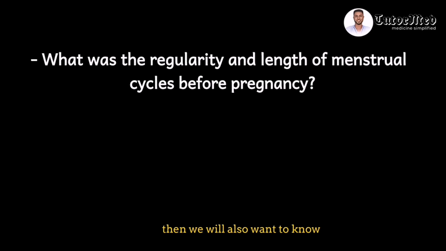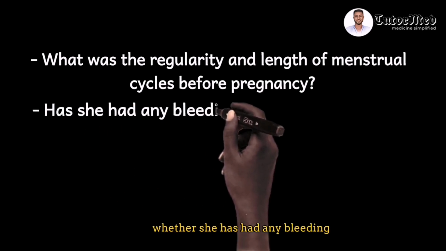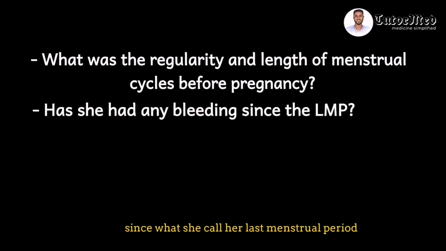Then we also want to know whether she has had any bleeding since what she called her last menstrual period. If she's had any bleeding, then the reliability of her last menstrual period is shaky. We may not rely so much on it.